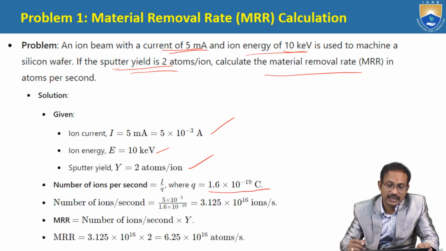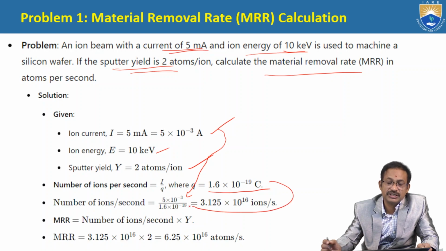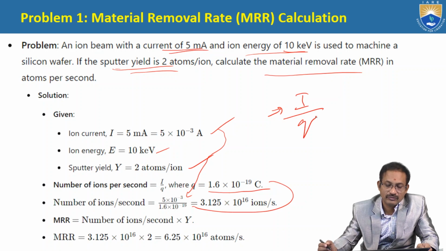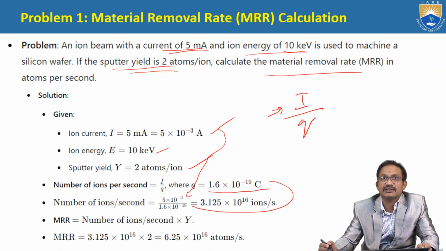But here the ion current is given, so it is not 1 by Q, it is 1 into I by Q. The I value is this one and the Q value is this one. Substitute the values. The number of ions per second equals I by Q, where Q is the constant.